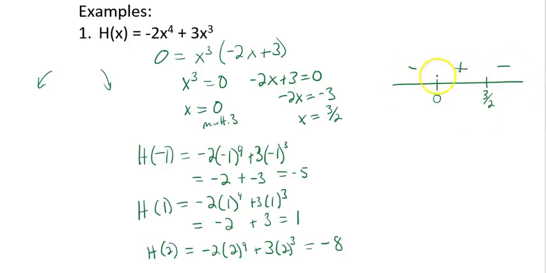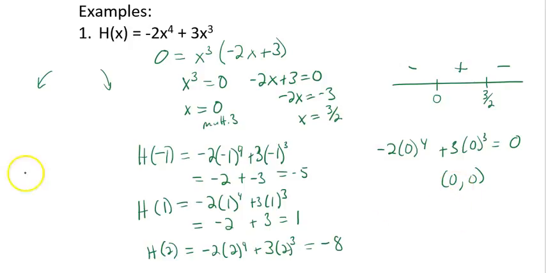So this is kind of what I get for my signs. Let's figure out the y-intercept. Our y-intercept you get from plugging 0 in for x. So if I say negative 2 times 0 to the 4th plus 3 times 0 cubed, in both cases I get 0. So my y-intercept is 0, 0.